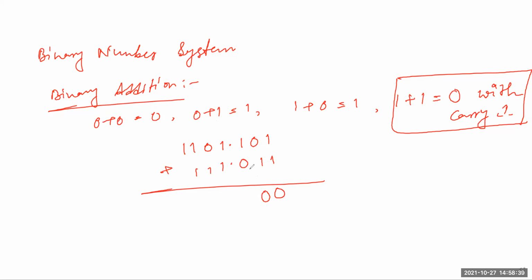Continuing the same way, we get the final carry 1. So this is the addition value.